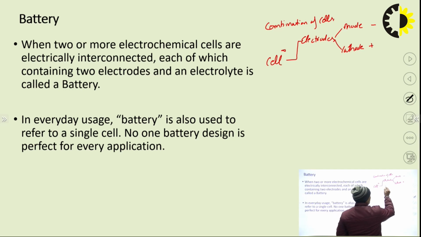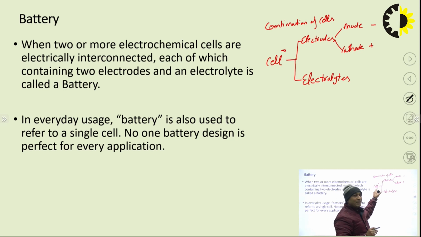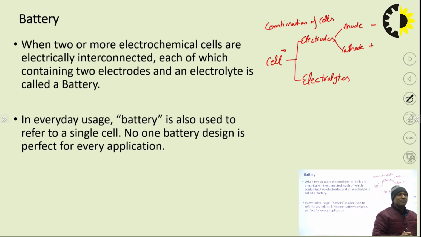So this cell is made by electrodes, and these electrodes are submerged into electrolytes. Okay. So this is basically a cell, which is a combination of electrodes and electrolytes. So in other words, we can say a battery is a combination of electrodes and electrolyte which are arranged in a series and is capable of producing electricity.